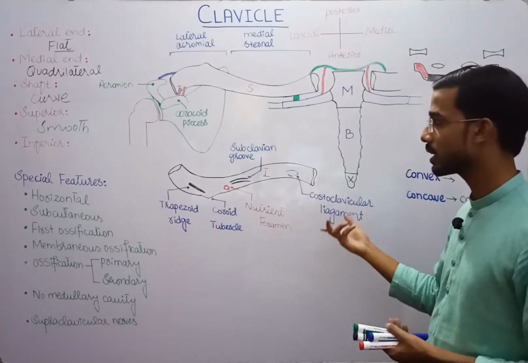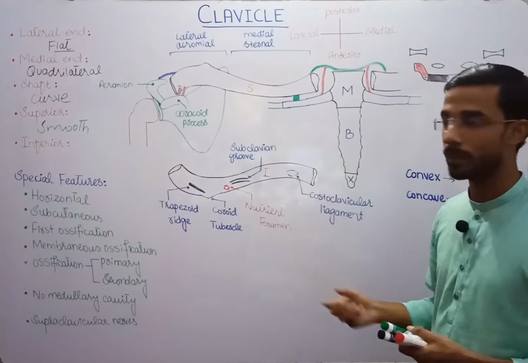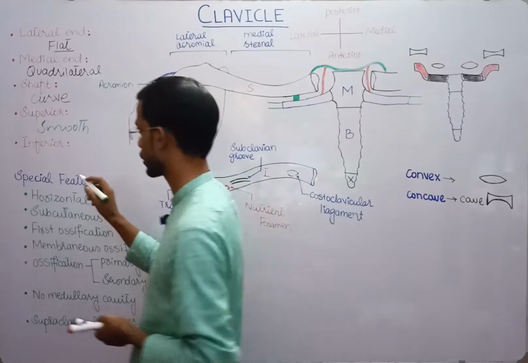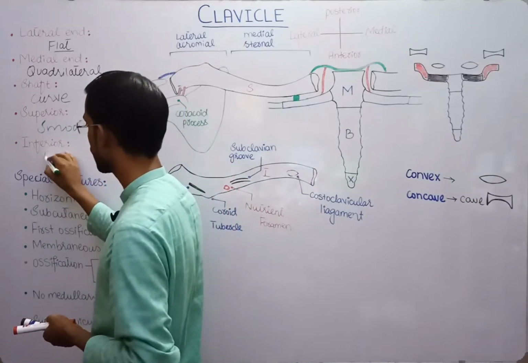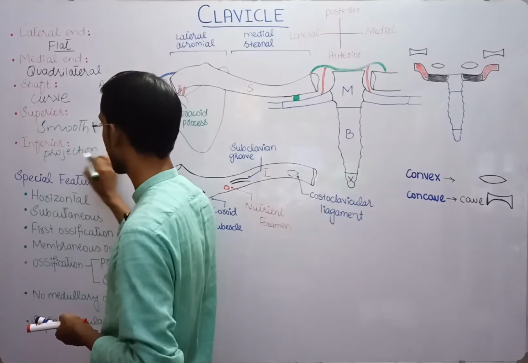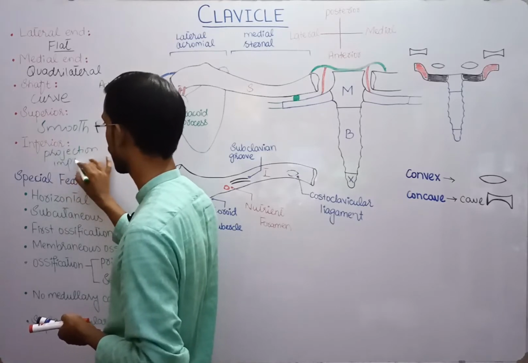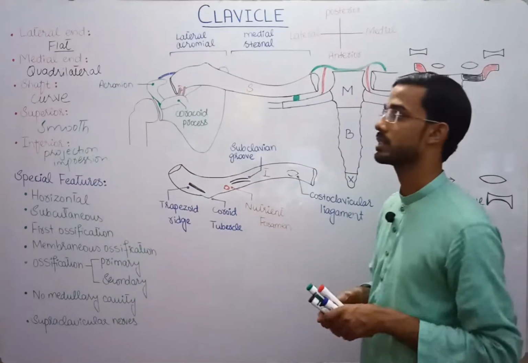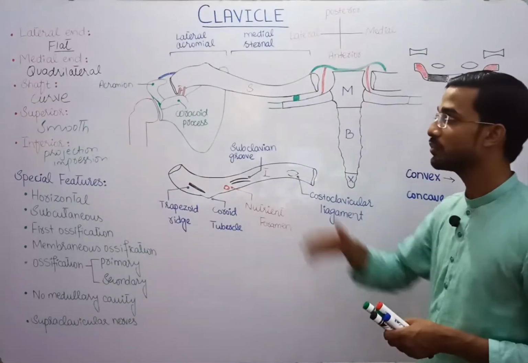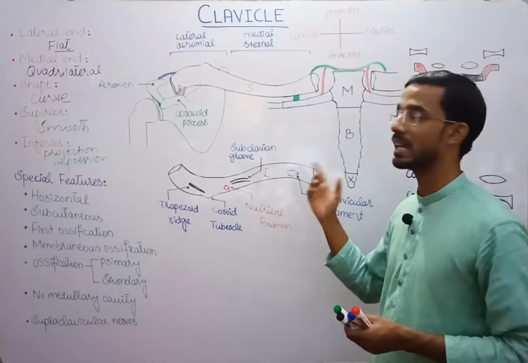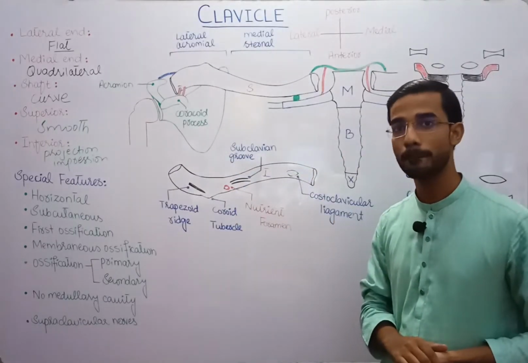We will see next what projections and what impressions. So the inferior side will have several projections and impressions over the inferior surface. If these features are followed, then we declare it a clavicle bone.